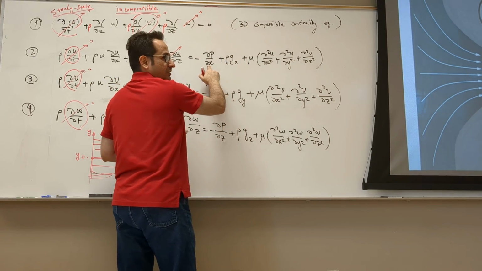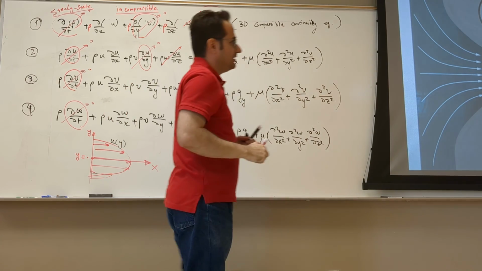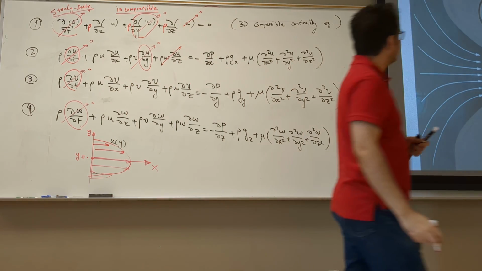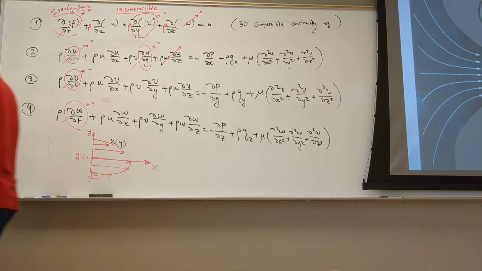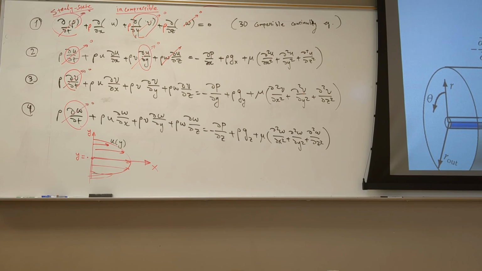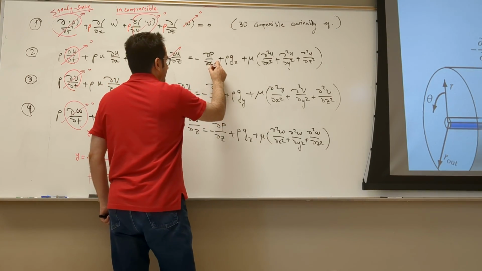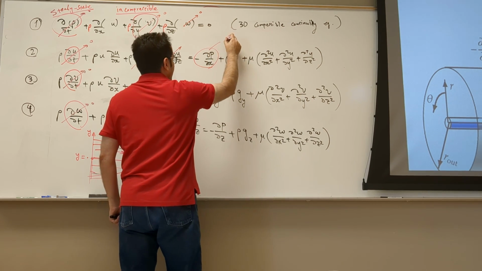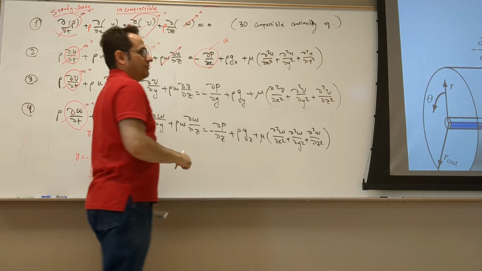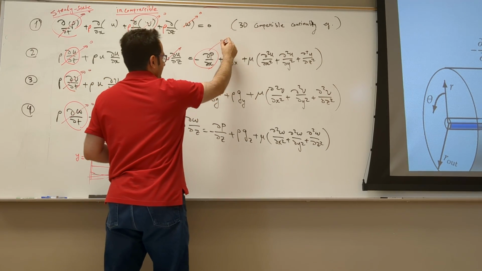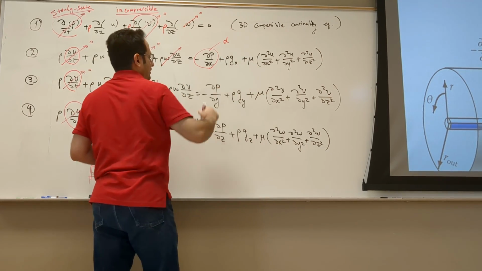What about this? In the next slide, let me bring it. This derivative is a constant value, so it is not zero. Call it alpha. So negative partial P over partial X is equal to alpha.